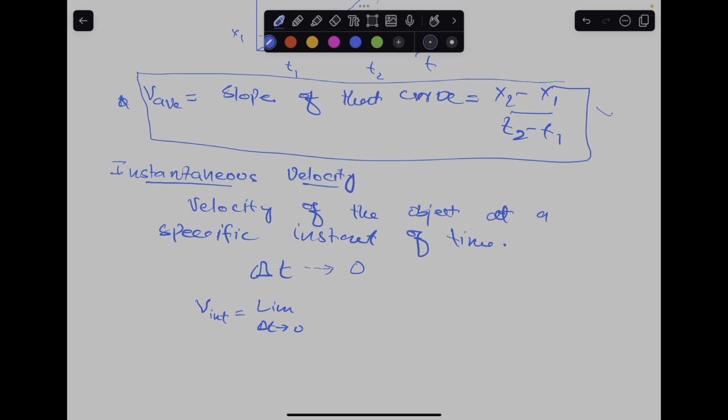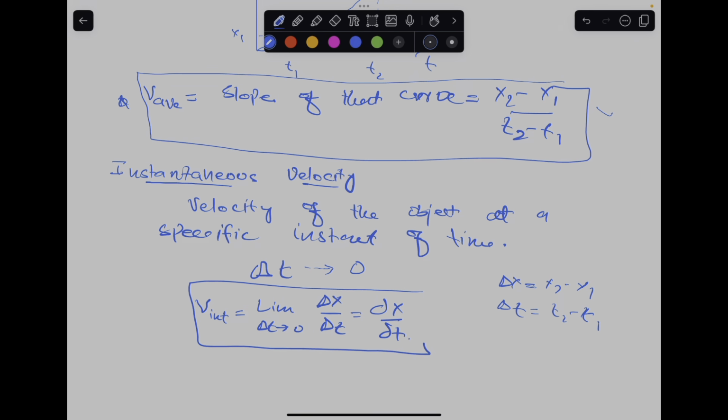Delta t tends to 0. Delta x divided by delta t. Delta x is your x2 minus x1, and delta t is your t2 minus t1. So we have this, the definition of the derivative, which is dx by dt. So this is your instantaneous velocity.